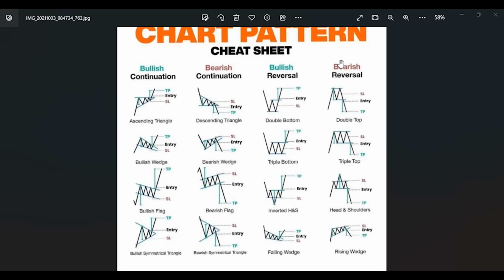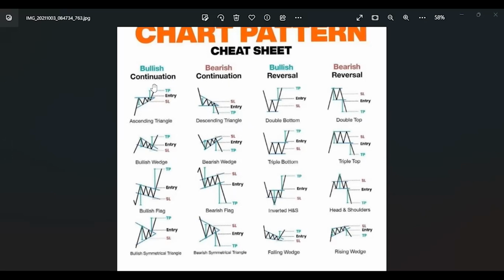And as it is bouncing back up, you as a trader want to know: is this downtrend ending, or is it going to continue? So one thing you want to do is look for one of these bearish continuation patterns. If you find any of these bearish continuation patterns in a downtrend, then you know for sure that this downtrend is actually going to continue, okay? And it is the same thing for a bullish trend, okay?